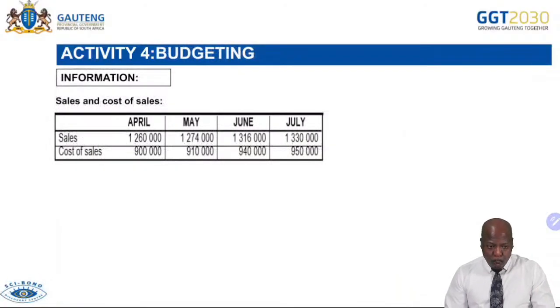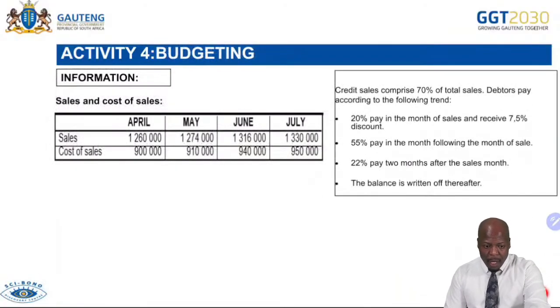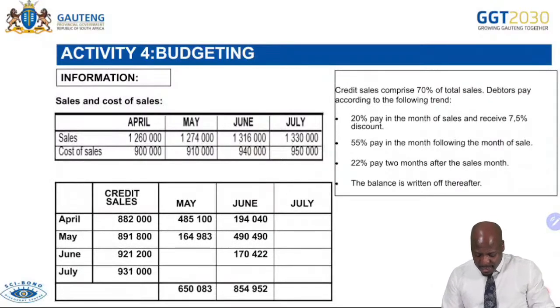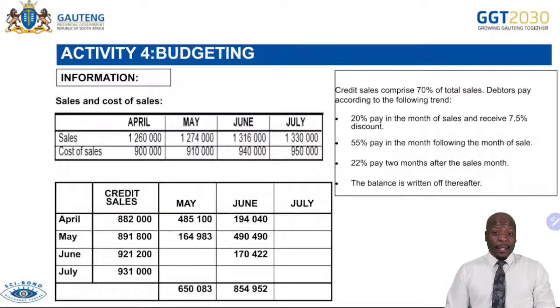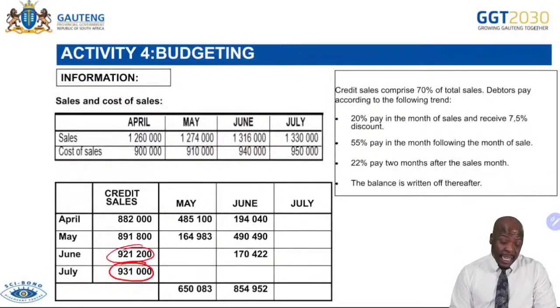So this is the information that we're given, and we're quickly going to complete our debtors collection schedule. Date is there. I've seen questions whereby this amount will not be given, or that amount will not be given, and then you have to calculate.